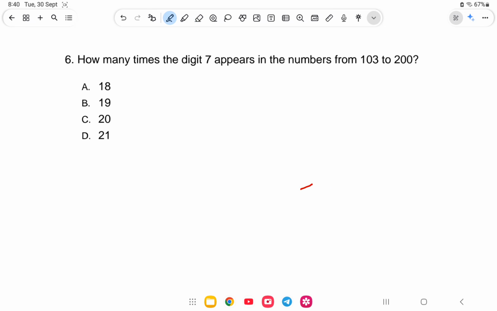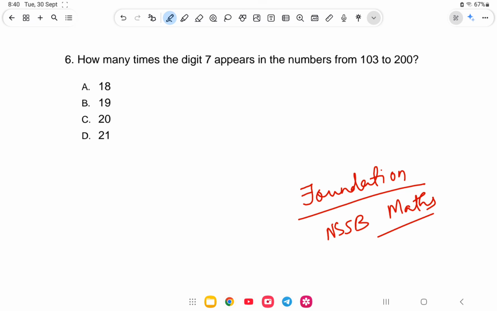although this is a foundation class, for first timers, those who are preparing for NSSB for the first time in maths and are feeling difficulty in solving the maths, this is for you.